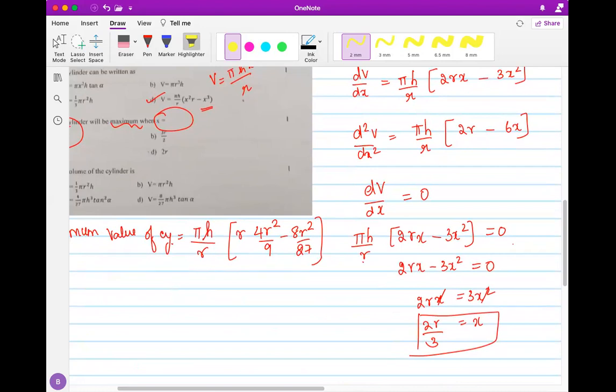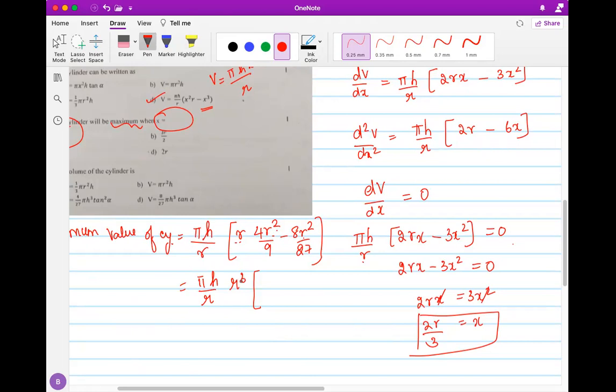Simple. Now pi into h divided by r, and r cube, you get to see r into r square is r cube. You can just take it out because here also r square is actually common.